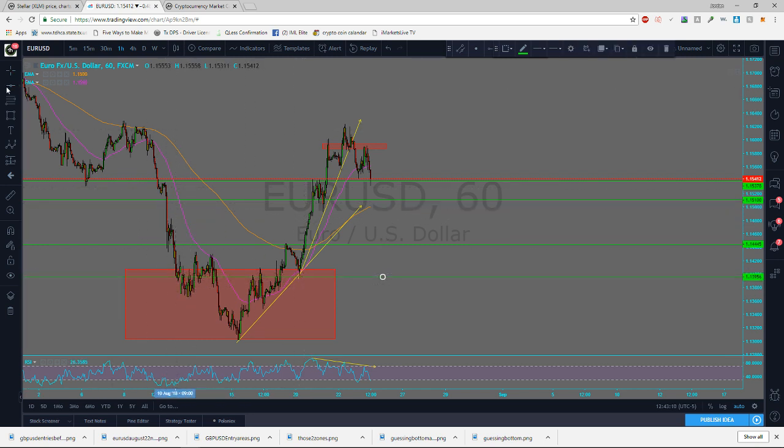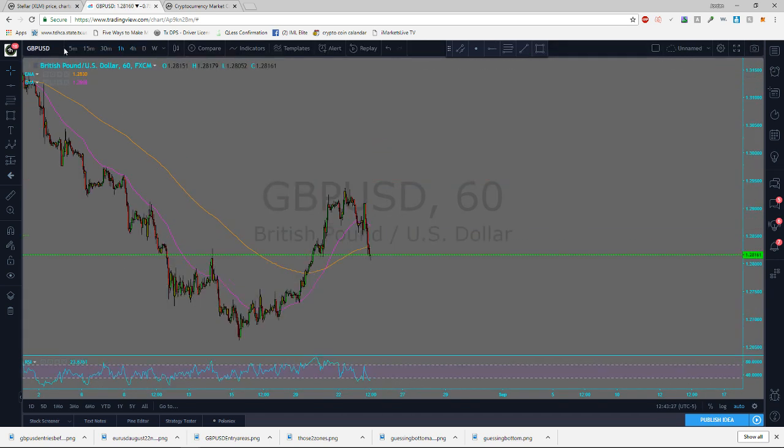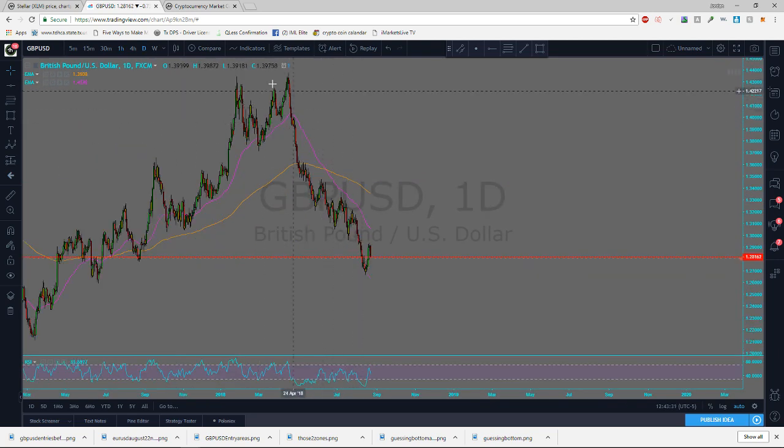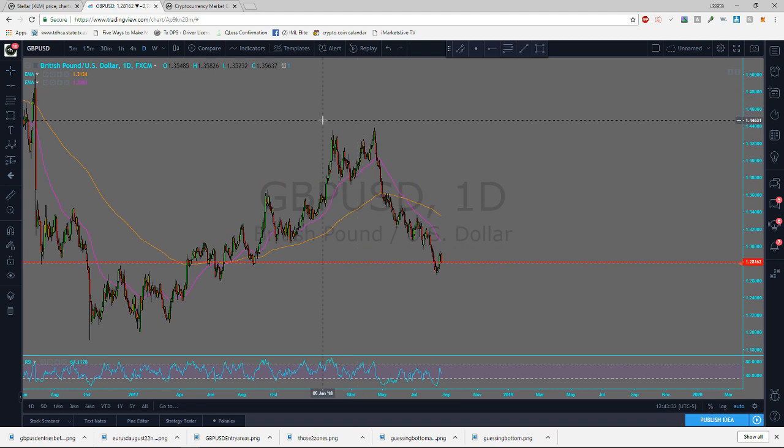Structure here. Structure here. So just examples of take profits, and then the same thing for here, right?